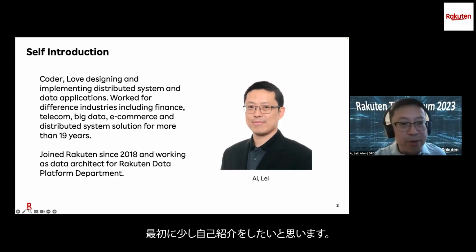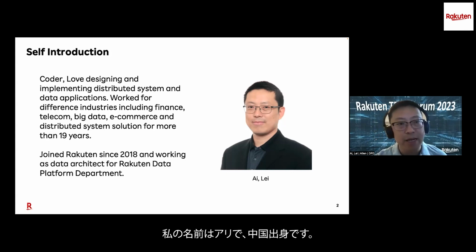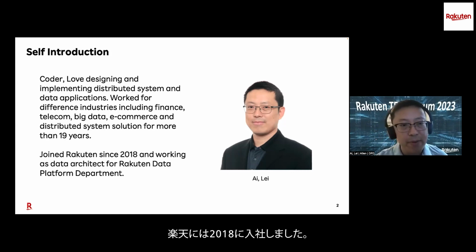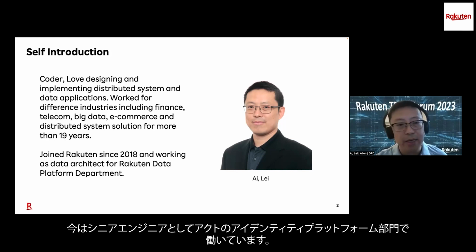So firstly, I'd like to do a quick introduction about myself. My name is Ai Lei again, and I come from China. I joined Rakuten in 2018 and work as a data architect for the Rakuten data platform department.